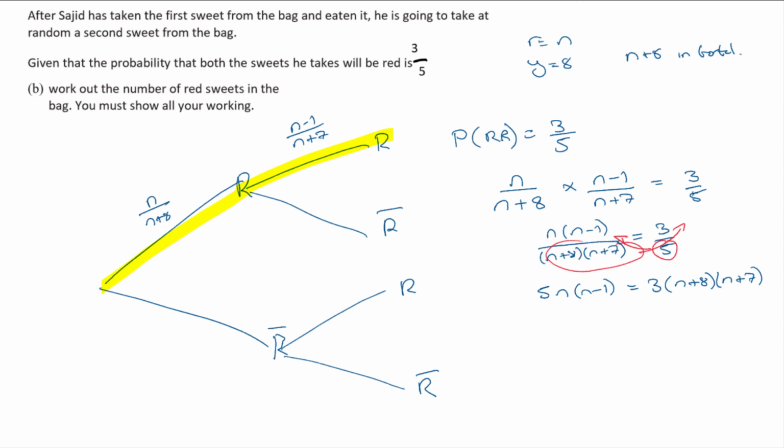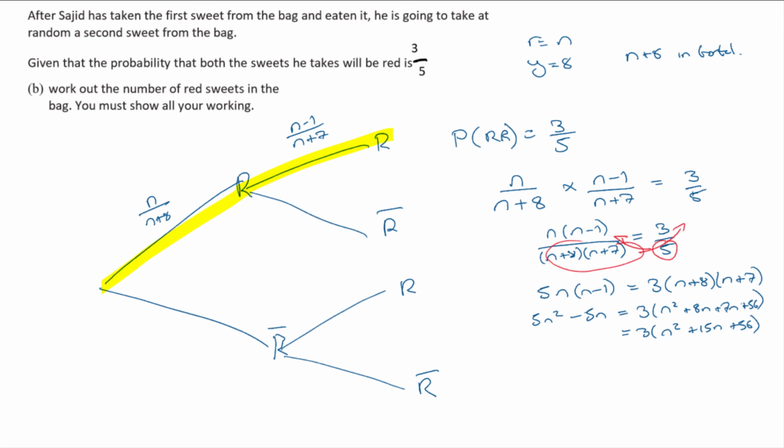Now multiplying the left hand side out is pretty easy. 5n times n is 5n squared. 5n times minus 1, that's minus 5n. That's equal to, I'm just going to do the double bracket first, n plus 8, n plus 7, that's going to be n squared plus 8n plus 7n plus 56. And that is equal to 3 lots of n squared plus 15n plus 56.